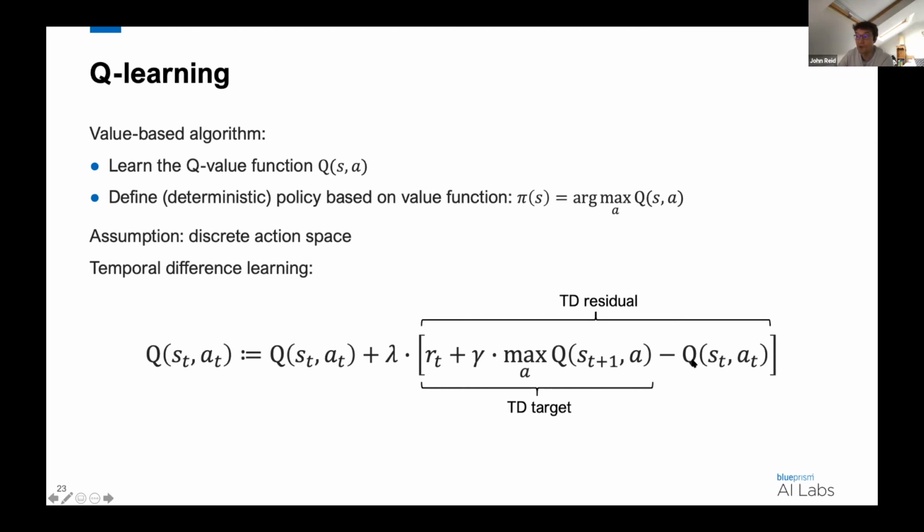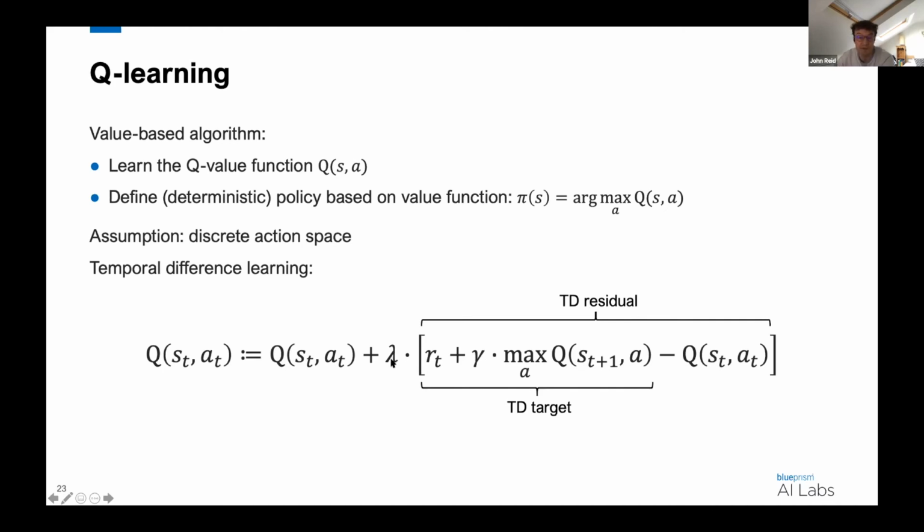So this will be a noisy estimate of the Q value function. So we're going to take our new information here in the TD target. We're going to form the TD residual by taking the difference with our current estimate of the value. And we're going to update our current estimate of the value by that difference, but multiplied by some learning rate.